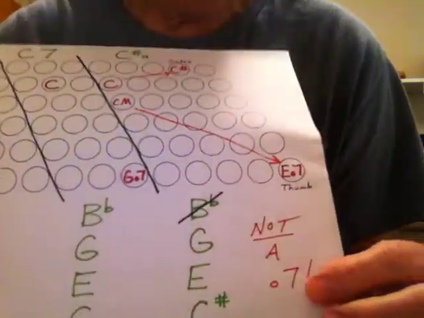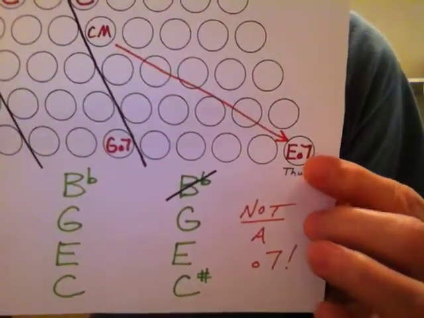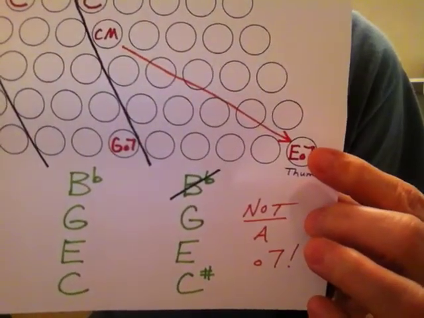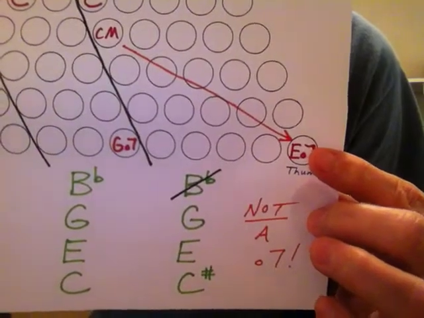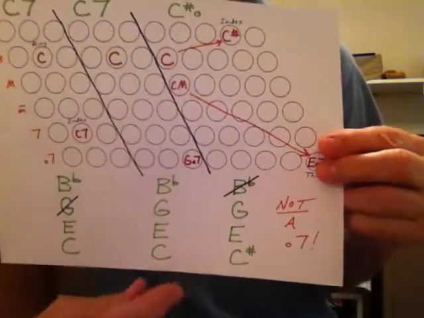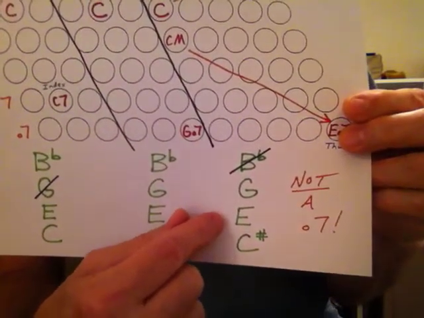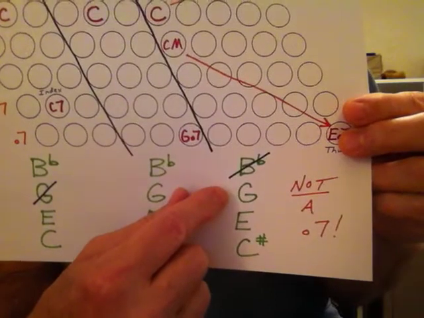Then I would use, you've seen me do it, my thumb to play the E diminished seventh button. All right? And the chord I would get, the net result, would be the tones C sharp, E, and G.